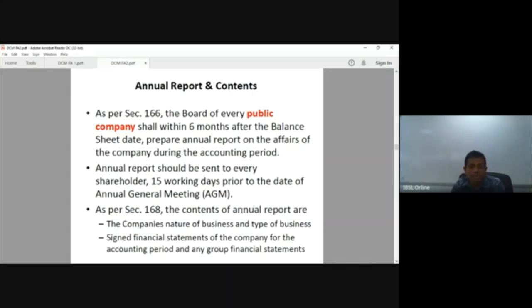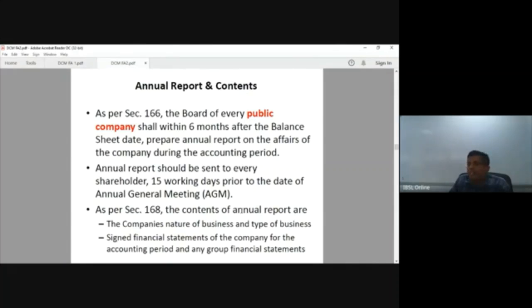That is not practical. Therefore, normally, the annual report can be in hard form or soft form, right? If you can send the QR code, or the link to the website to the shareholder, that is also enough, right? But the requirement is it should reach the shareholder within 15 days. Sometimes people send CDs. That is a waste of money. These days, laptops normally don't have a CD drive, right?